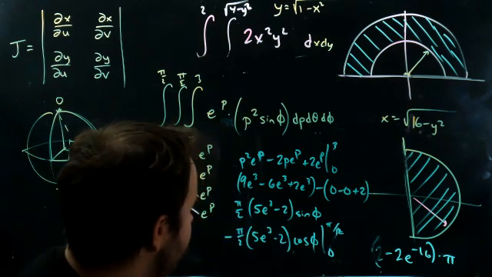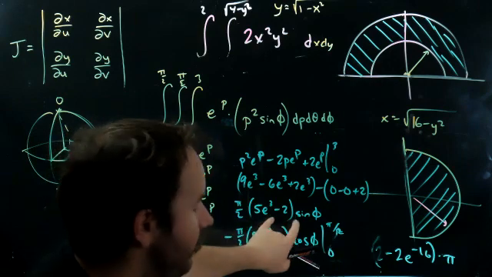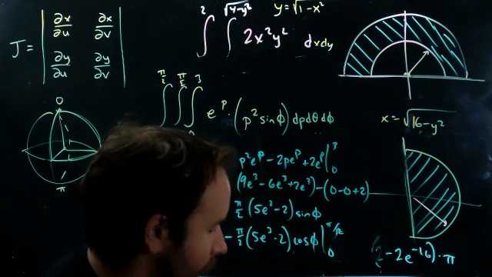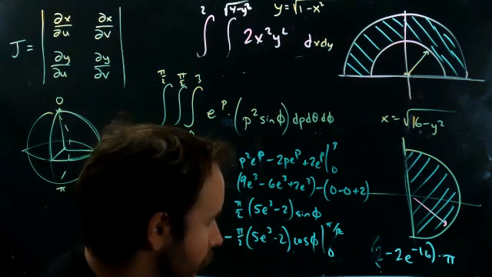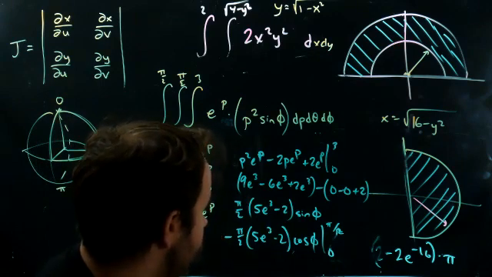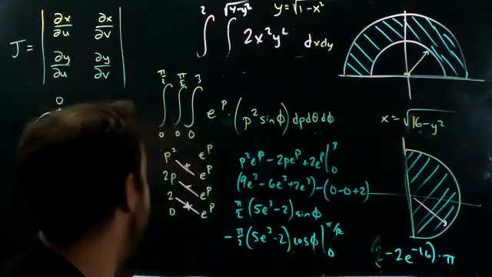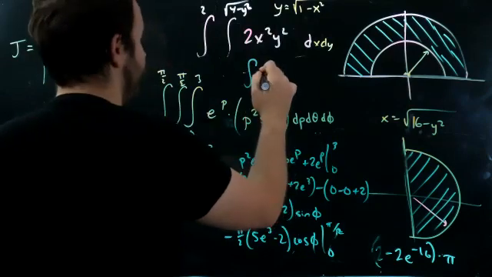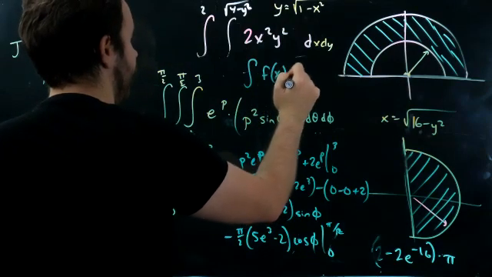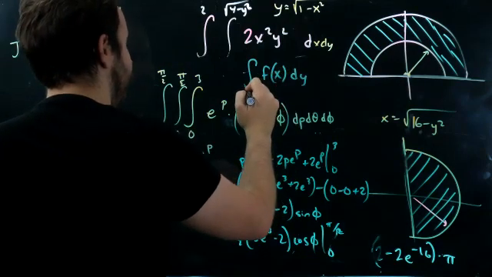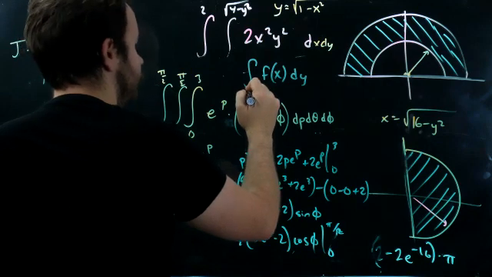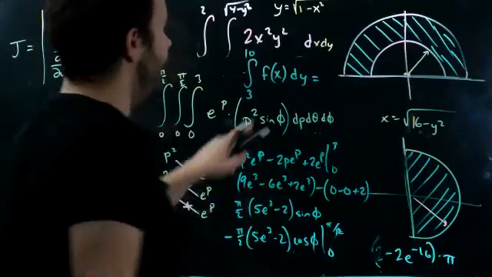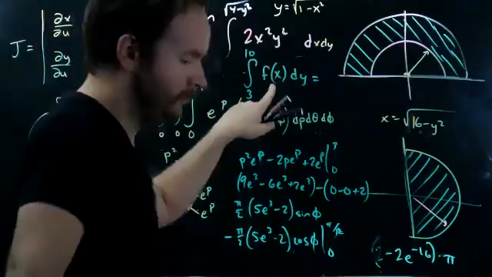I want to stop for a second and say, if you then integrate that result with respect to theta and plug in pi over 2, you just get pi over 2 times that result. It's a trick. Watch. If you have the integral of some function of x, and then I ask you to integrate with respect to y, from 3 to 10, notice the thing I'm integrating is only in terms of what variable?